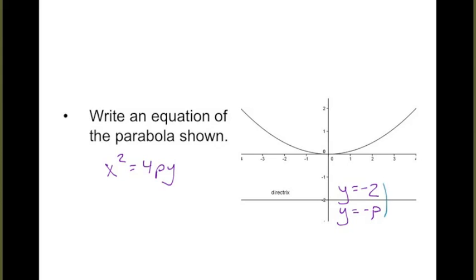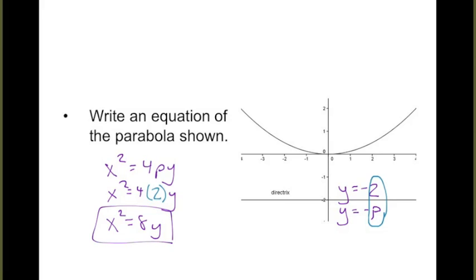So that means p is equal to 2. So we plug 2 in for p. We get x squared is equal to 8y.